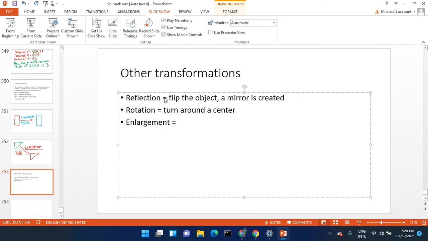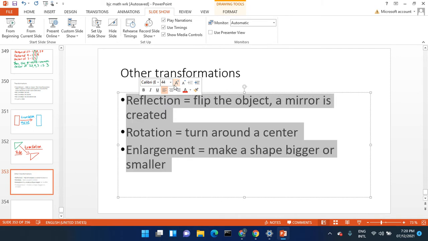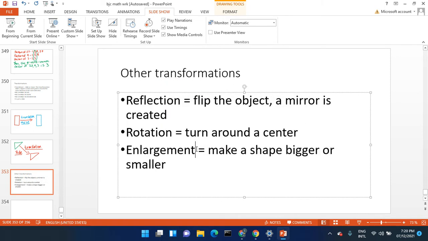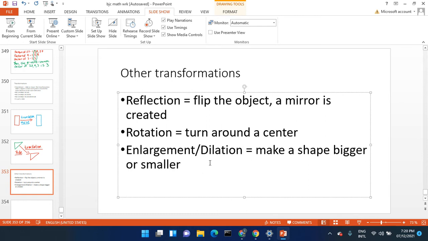And enlargement is when you make a shape bigger or smaller. Okay, that's enlargement. You also might find it under the term dilation. Instead of saying enlargement, people also say dilation.